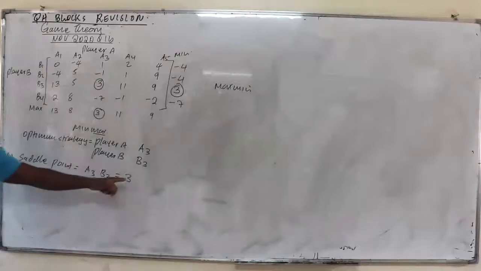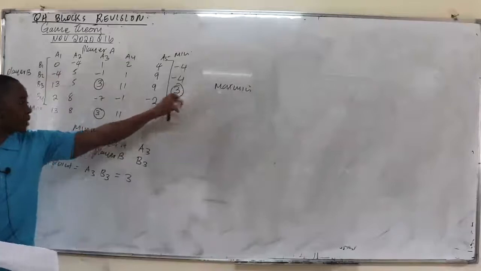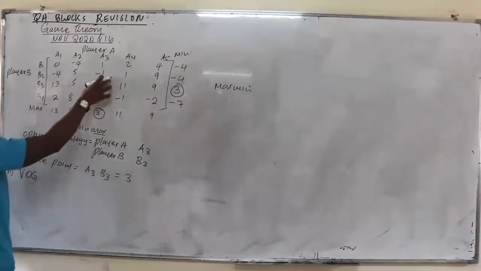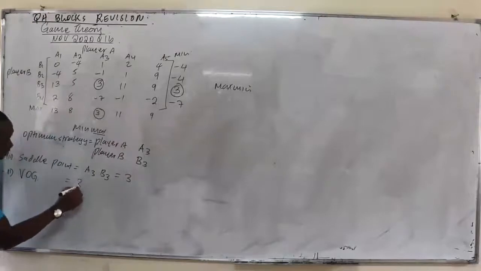That's why I'm getting this 3. The maximum and this minimum becomes the value of the game. So to get the value of the game, you don't take this, but you take what you have here.